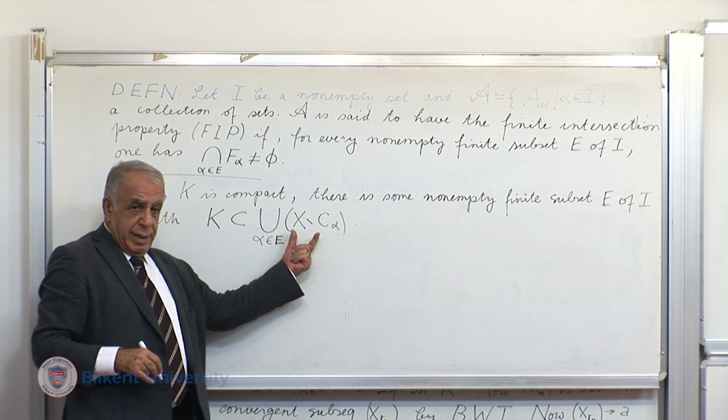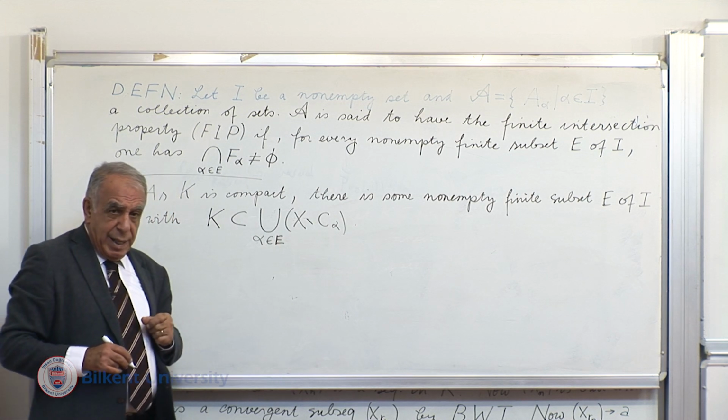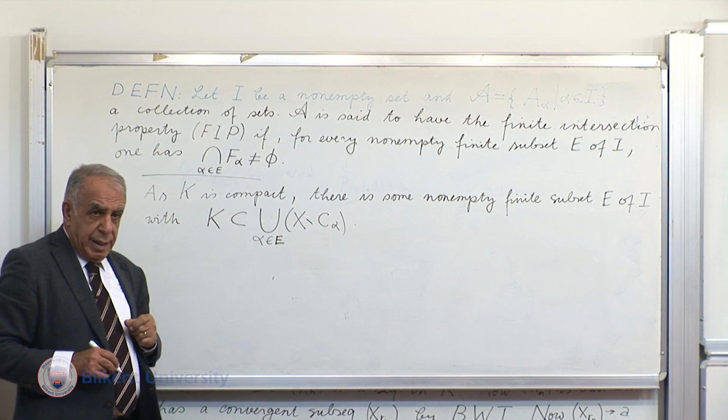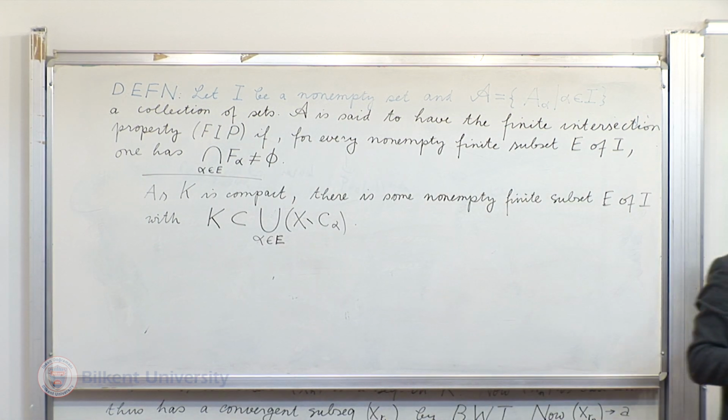This is the finite subcovering. Well, that means K will be contained in here. What do we expect that to be in contradiction with? With the finite intersection property.